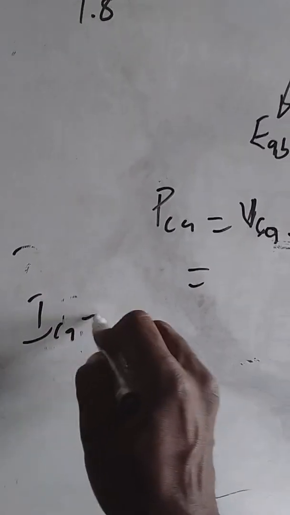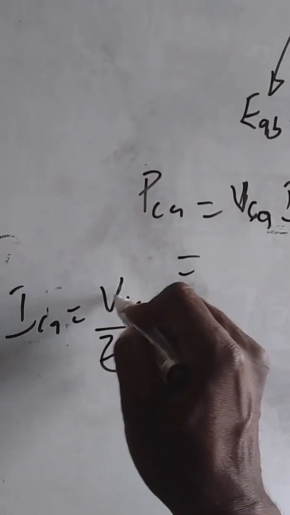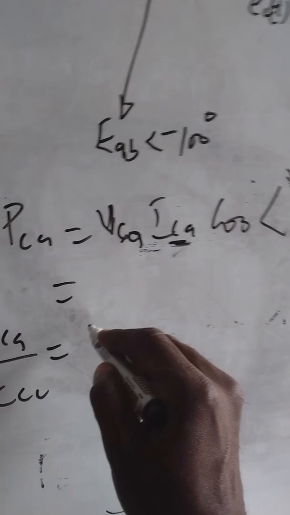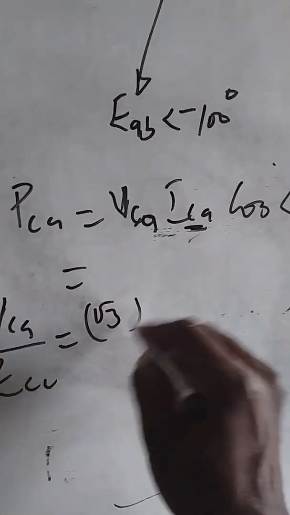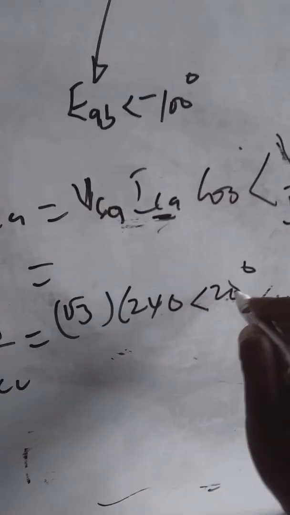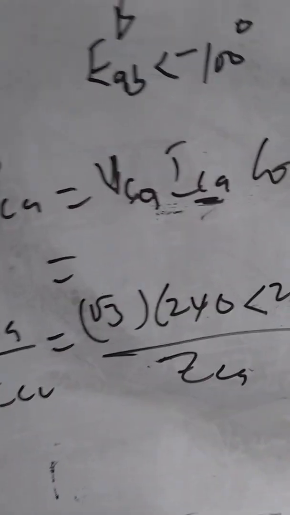Our ICA is VCA over ZCA. So what's our VCA? Our VCA is at angle 20. That's root 3 times 240 at angle 20 degrees divided by our ZCA. So that gives you your ICA. Our ICA is given as what?